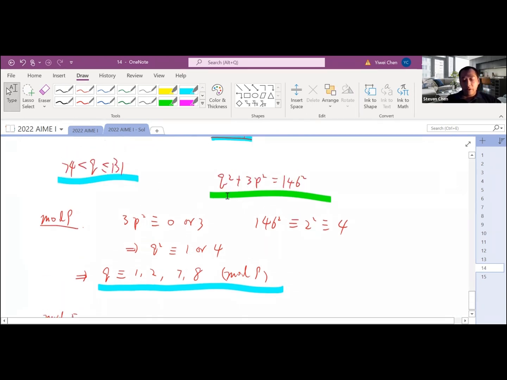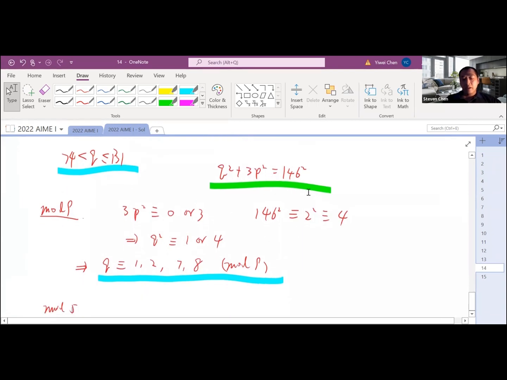So for this green equation, for the right-hand side, we know modulo 5, this is congruent to 6 squared, which is congruent to 1. What about 3p squared? We know that for a perfect square, modulo 5, it can only be congruent to 0, 1, or negative 1.